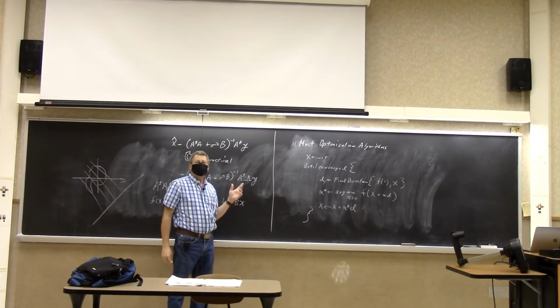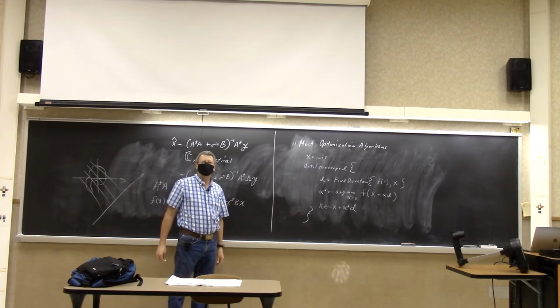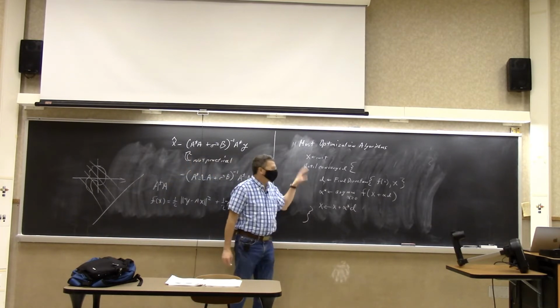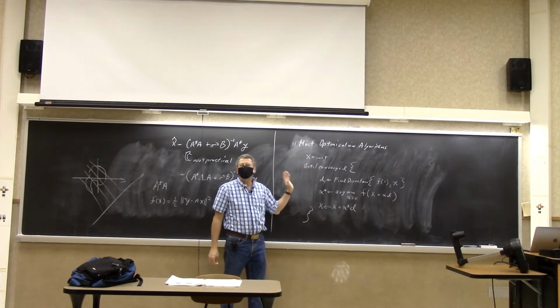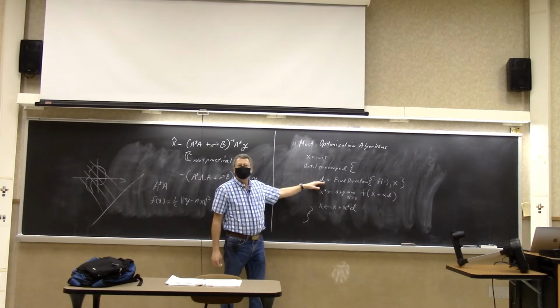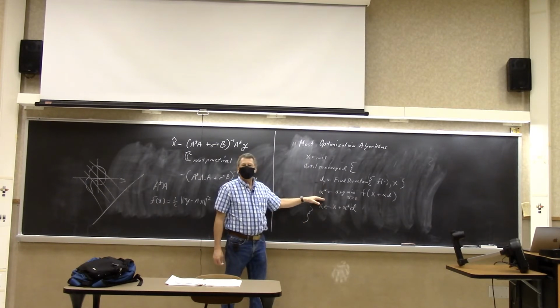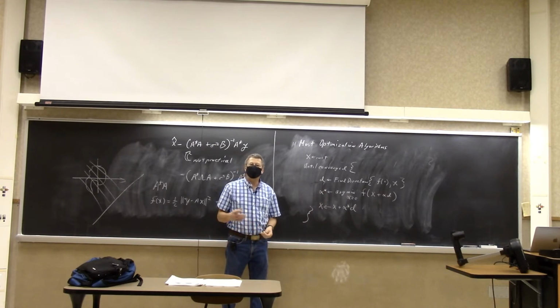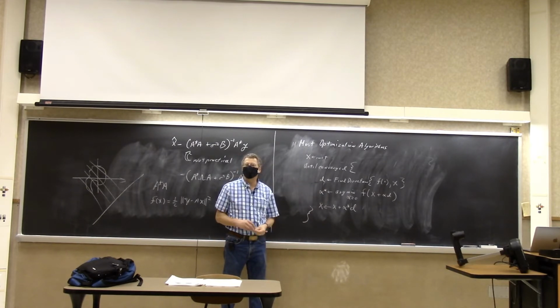There are other things you can do, maybe where you bounce around or whatever. But most commonly used optimization algorithms have this structure. So it really comes down to finding a direction and minimizing along that direction, and then you repeat. It's like wash, rinse, repeat, okay?